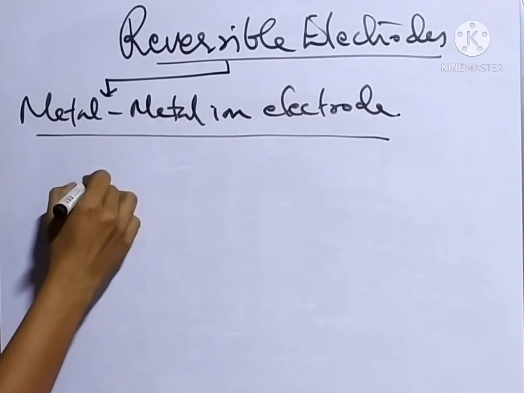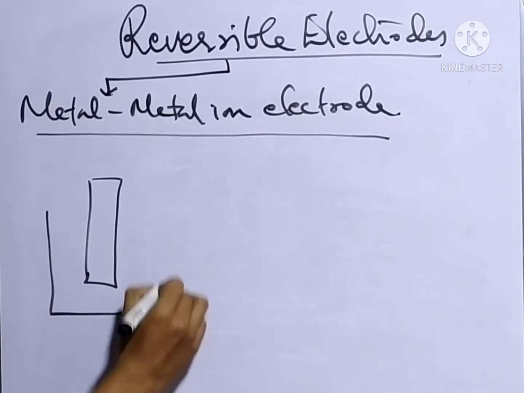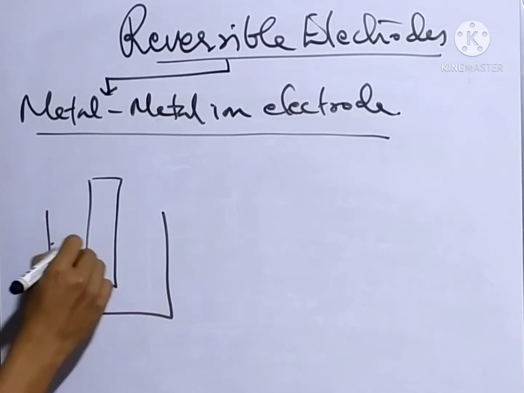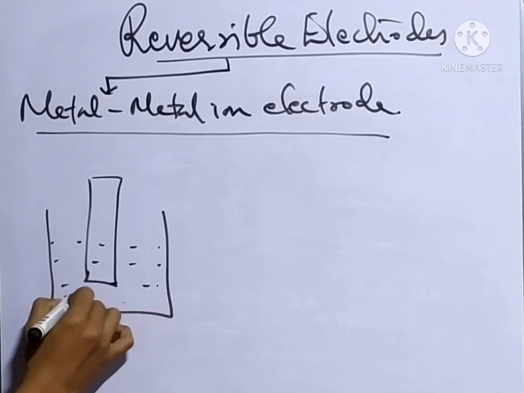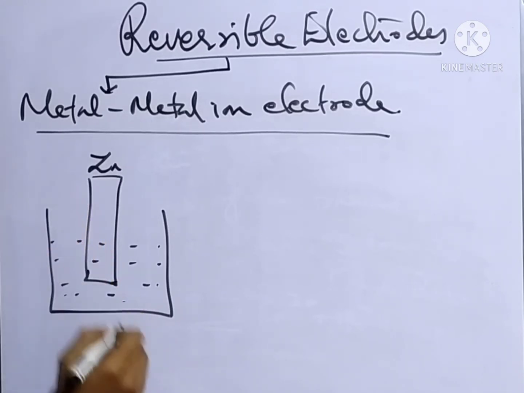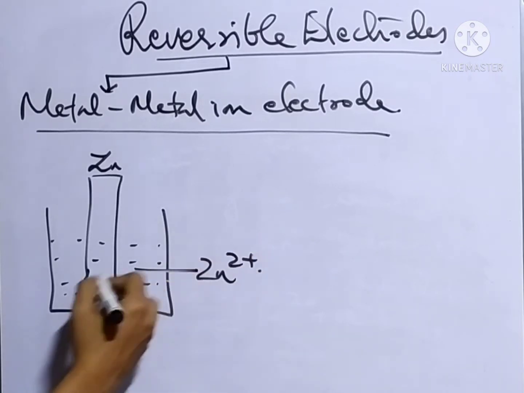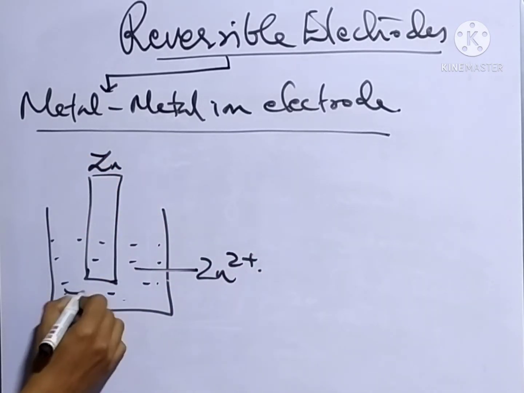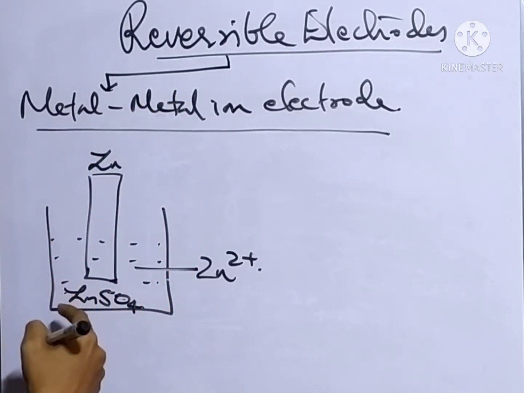In this electrode, a metal rod is dipped in an electrolyte containing the same ions. For example, if you are dipping a zinc rod in an electrolyte, the electrolyte should contain Zn2 plus ions. For example, a zinc rod dipped in zinc sulfate solution is an example of a metal ion electrode.